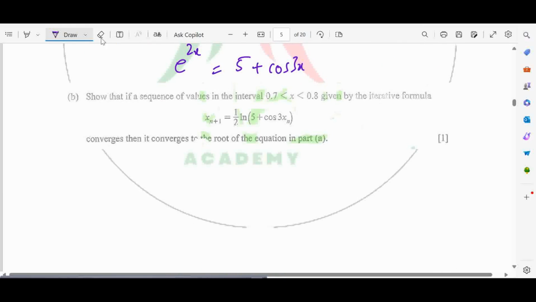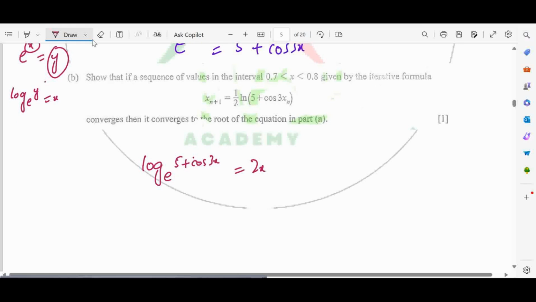Now, let's change it from exponential to logarithmic form, because we know that if we have e power x is equal to y, then in logarithmic form this will be log of y is equal to x. We just have to change the positions of these two. So this will be log of 5 plus cos of 3x is equal to 2x.